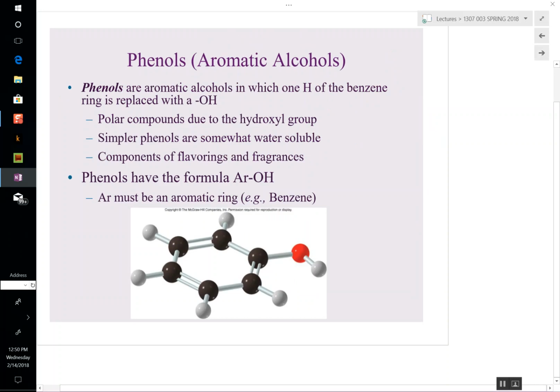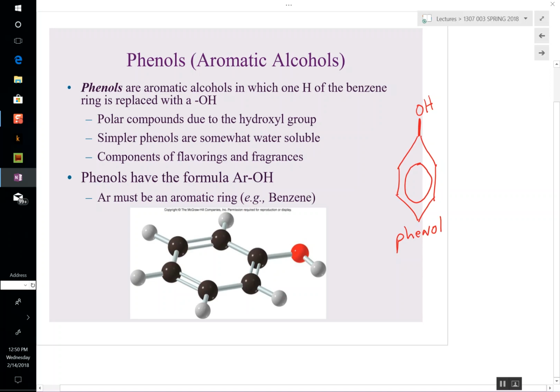All right, there are a few odds and ends to pick up here. Here is an OH on an aromatic molecule. There's our benzene. We're going to put an OH on there. And this is phenol.